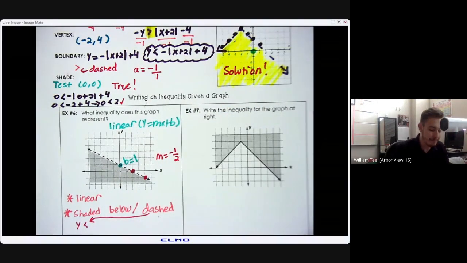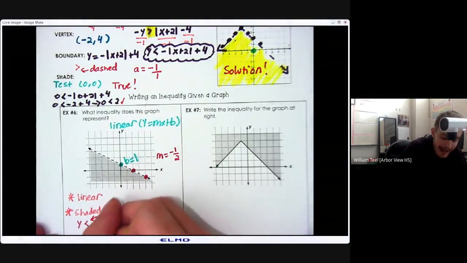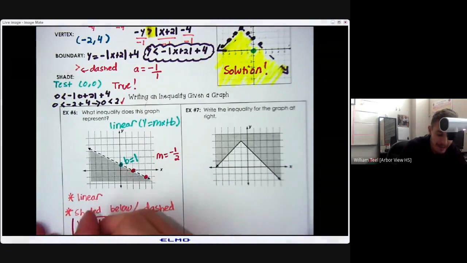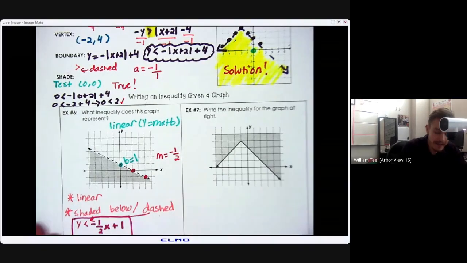Now we're going to plug that information in, and we're going to get our answer. So we have y is less than negative 1/2 x plus 1. And that is going to be the linear inequality that represents this graph.